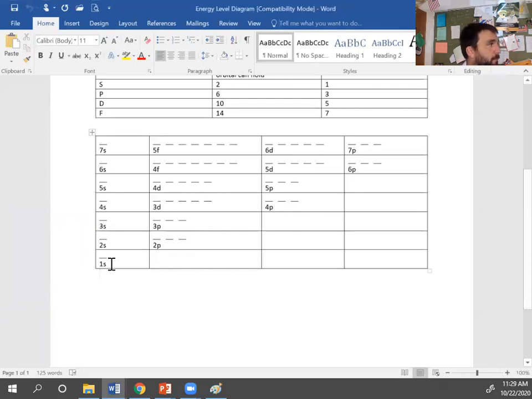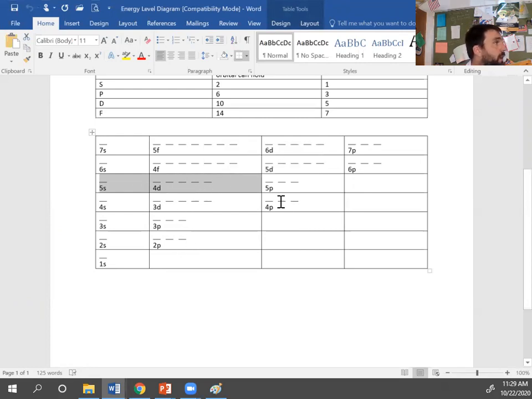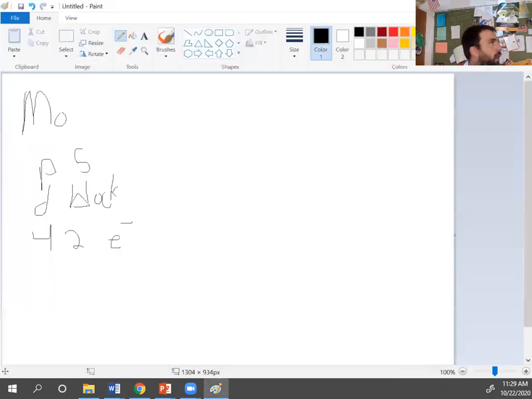The D block in period 5 is 4D. Now, am I going to write 4P? Yes, it's below it because it's in period 4. So I'm going to draw this up to 4D.